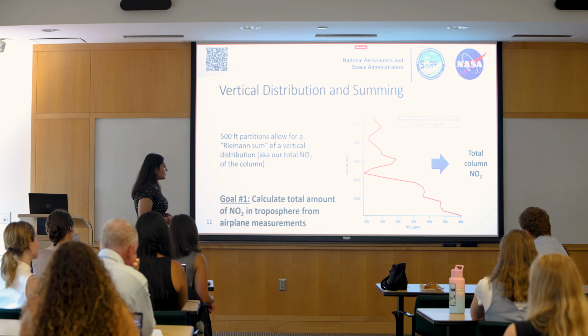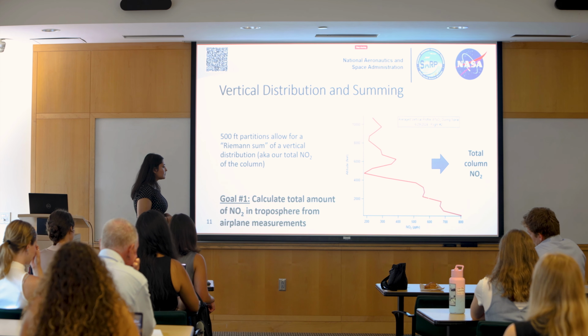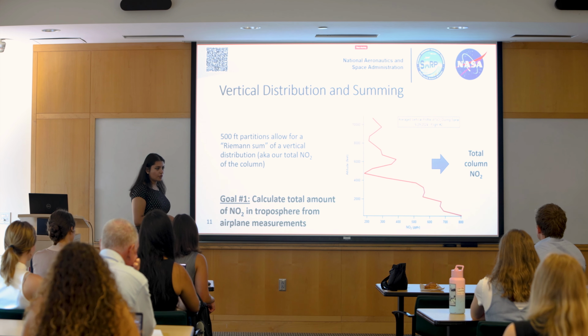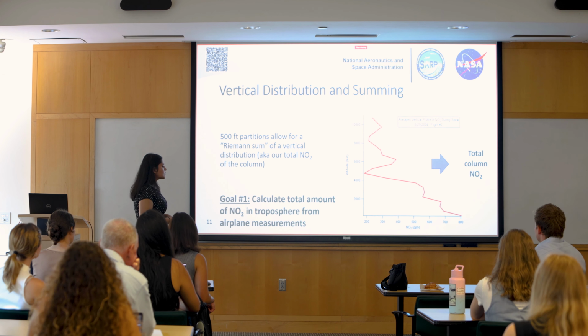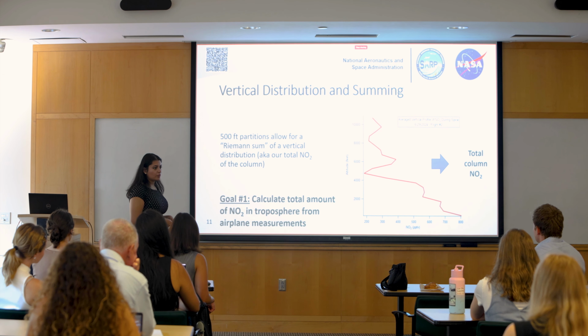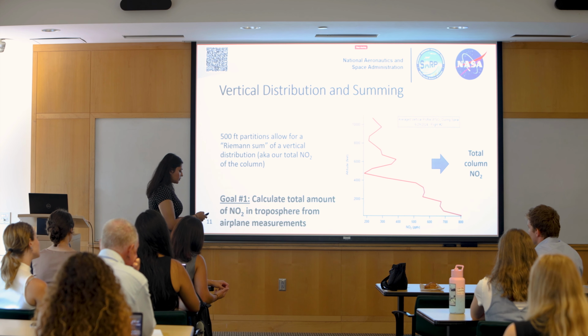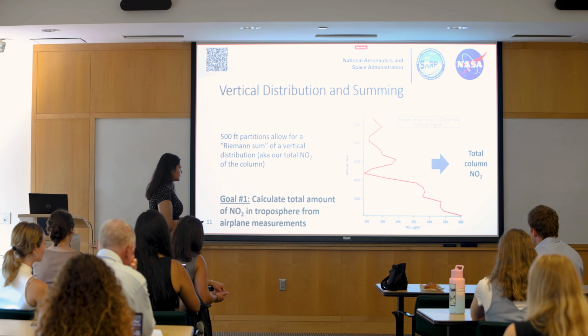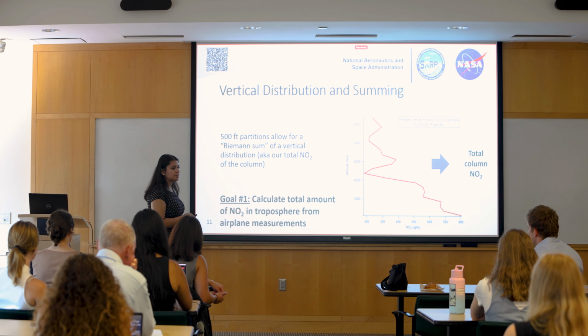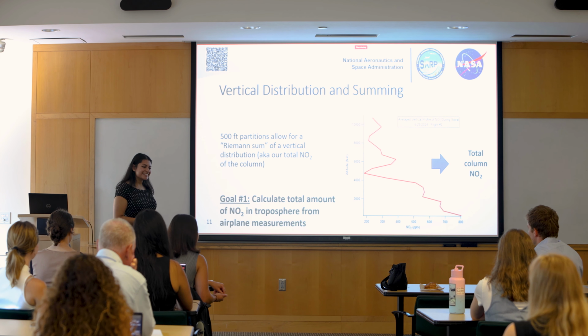So we assumed that if this is the level that was recorded at 2,000 feet, that's the level for all feet below, from the surface to where the plane was. We did that as a constant, so it would be like a larger rectangle, summed, plus all of the plane measurements. Of course, thank you.